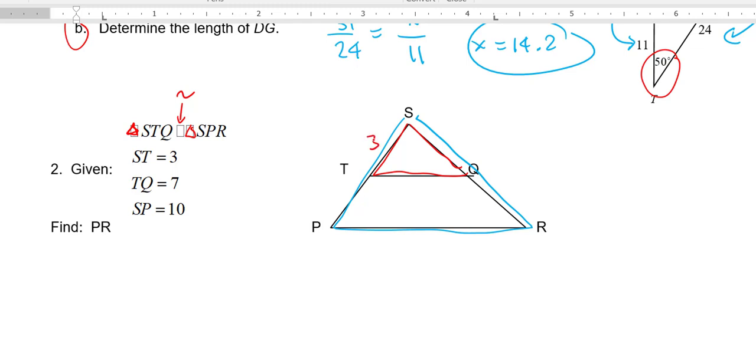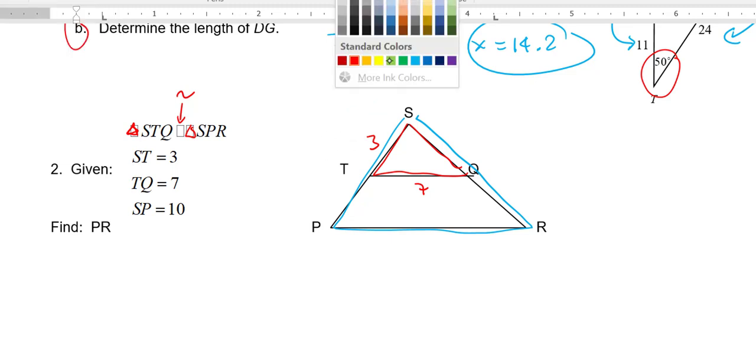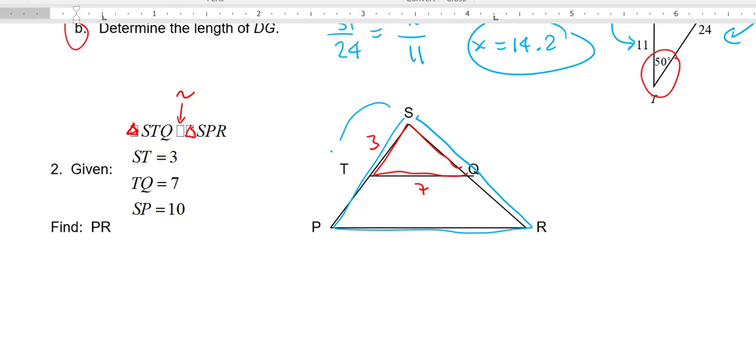So ST is 3, TQ is 7, SP, which is the entire length of the blue, maybe I should use a different color there, is going to be 10.